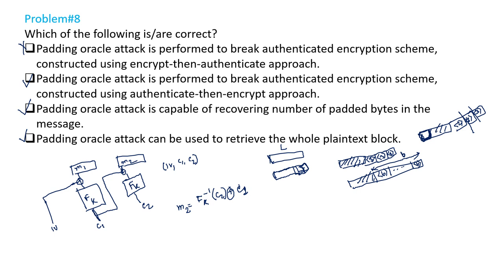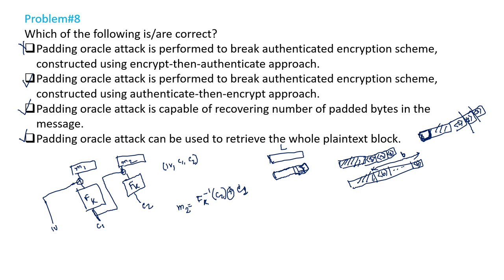That is why the bad padding error did not come. So you try corrupting the second byte of C1, so that the second byte of M2 gets affected, and check whether the second byte of M2 is part of the padding bytes or not. Like that, with the leftmost index where you see a bad padding error, you know that is the number of padded bytes in that final block of the message.